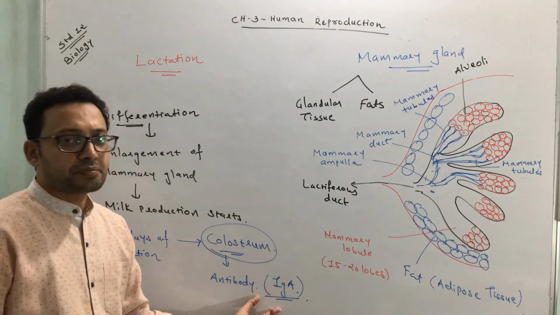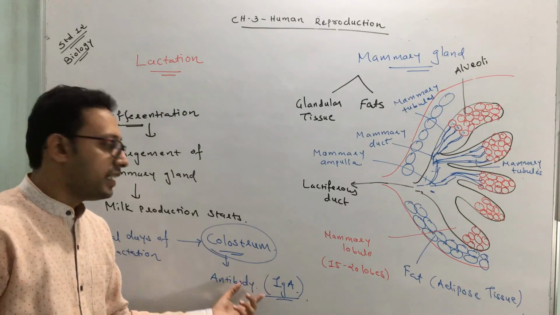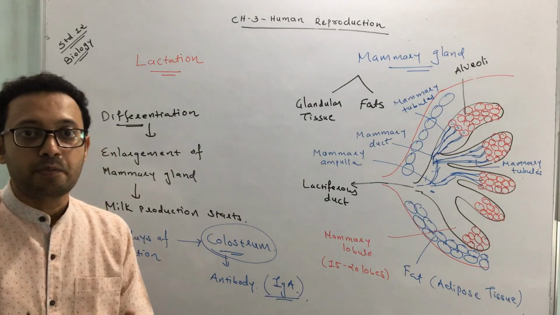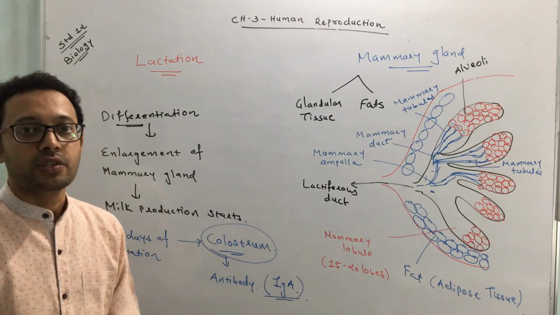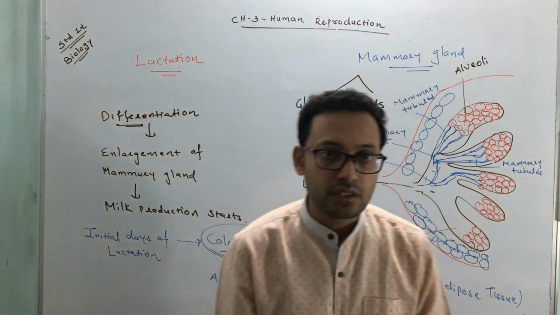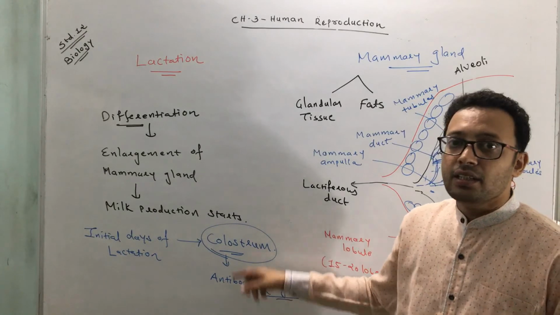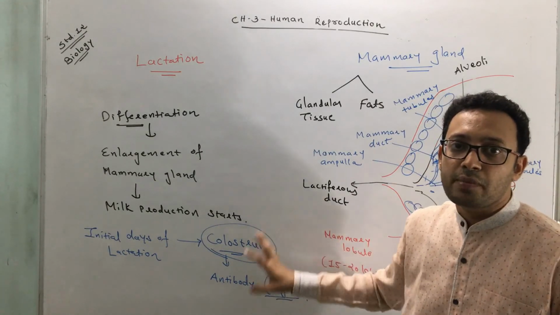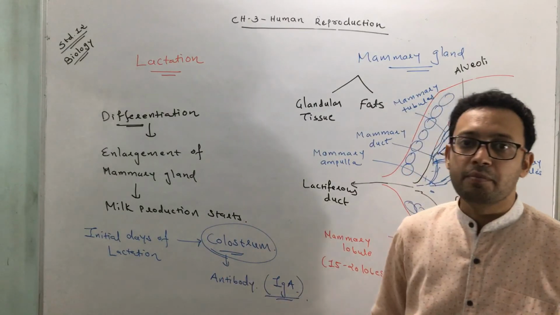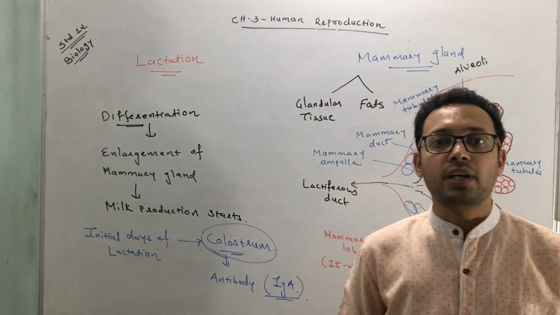So once a baby sucks milk from the mammary gland, it gets this antibody IgA, and that protects the baby because it provides immunity. That is why doctors and physicians advise that the lactation, or the mother's milk, has to be provided to a baby, because it protects the baby and provides the best quality of nourishment.